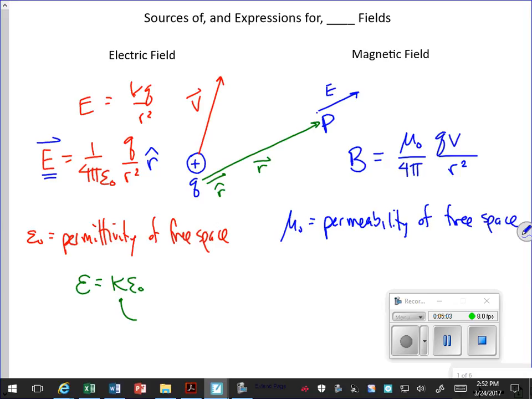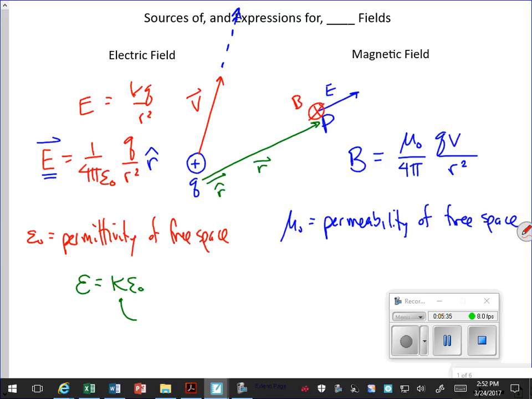However, to find the direction of this field, I would say that this is almost like a part of a current going in this direction. So I would put my right thumb along this directional line and wrap my fingers into the board here, and we get a magnetic field that goes into the page.